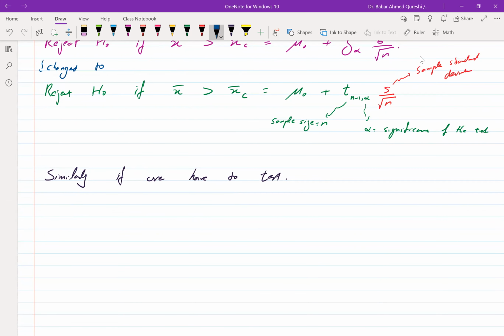If you have the population mean, this is your hypothesis, or this one. But the alternate is this. In this case, this is the only alternate possible. In this case, you could have a two-sided alternative, but if you stick to one-sided alternative, because you are suspecting that it can go in that direction, then we will use this test.